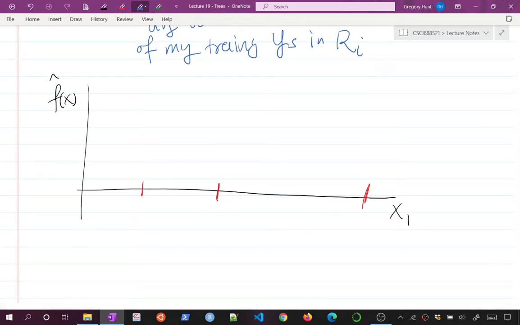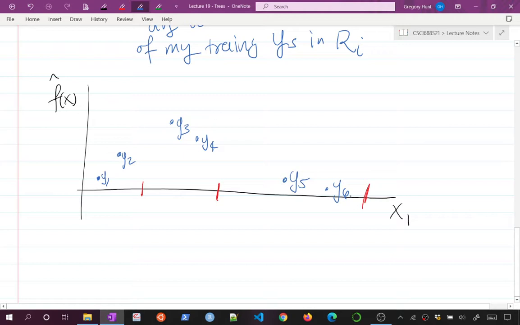And if my training y's in this one-dimensional case maybe look like this, this is y1, this is y2, maybe there's a y3, a y4, maybe a y5, and a y6 over here.